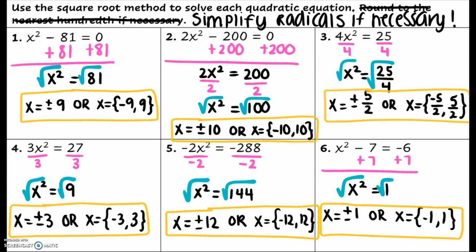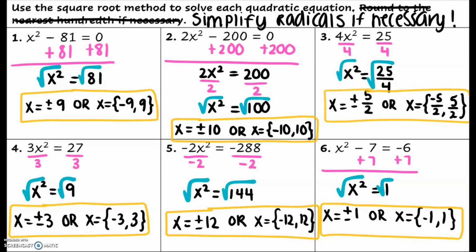Now, here are the answers for problems 1 through 6. Sometimes, like in example 2, you will need to do 2 steps in order to isolate the x squared term. Remember, in order to isolate the x squared term, we use inverse operations.